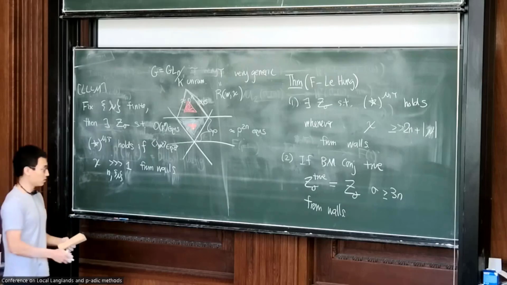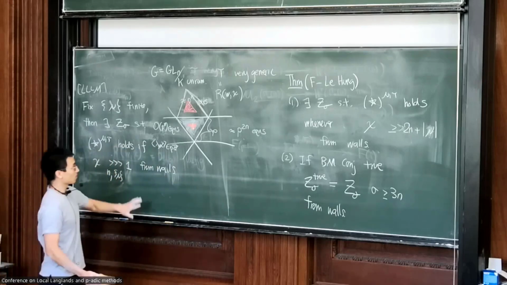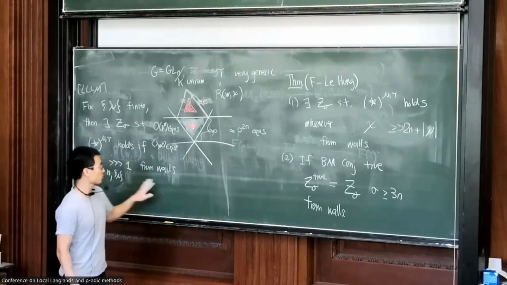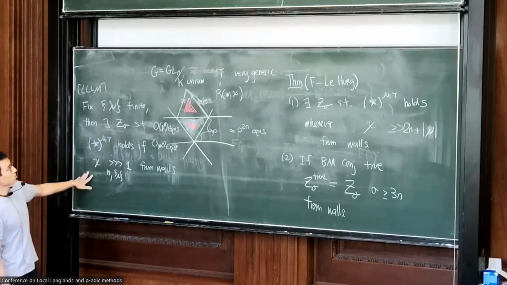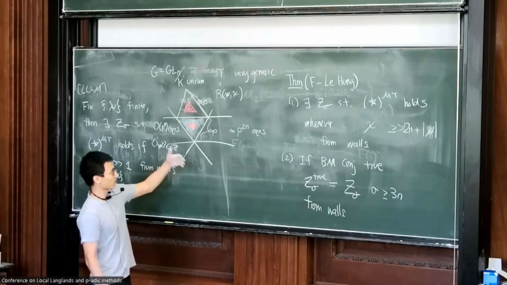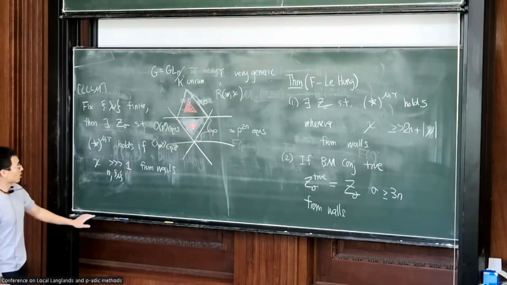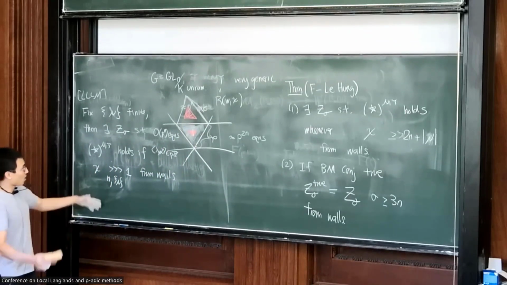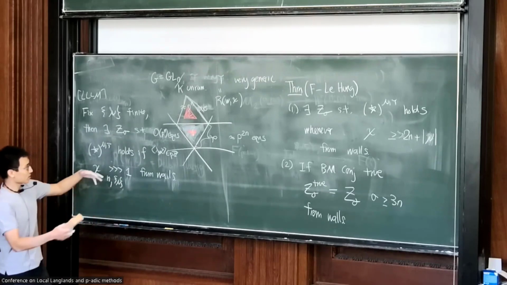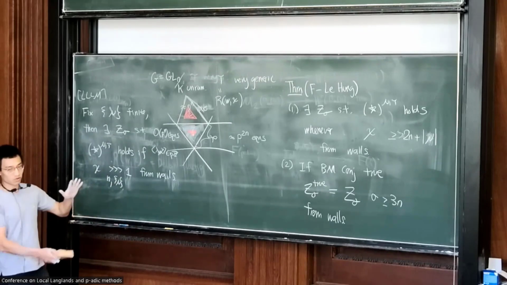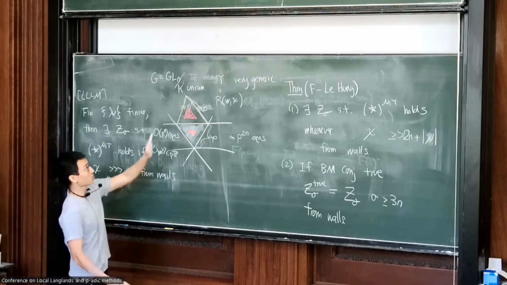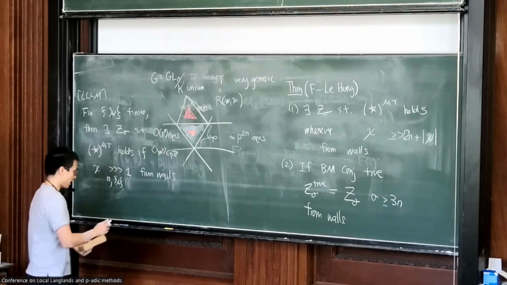Okay, so there are some differences in the approach of these two theorems. For the theorem on the left, as we just heard about, the approach is kind of a vast generalization of this patching method. What they do is they make local models, and the purpose of the local models is to show that certain Galois deformation rings are irreducible, and then one can patch, and then one can follow the method of Gee and Kisin.